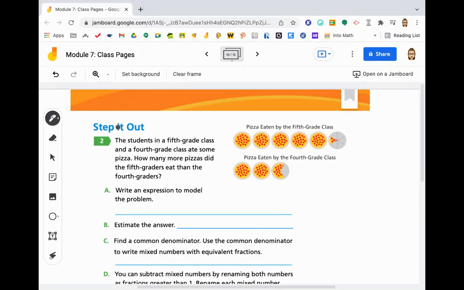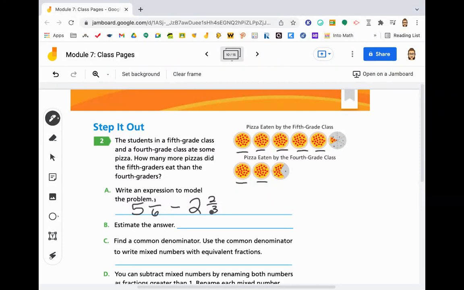So write an expression to model the problem. So the 5th graders have 1, 2, 3, 4, 5 pizzas, 5 whole pizzas, and 1 out of 6. So 5 1/6 minus the fourth graders have 2 whole pizzas and 2 out of 3.